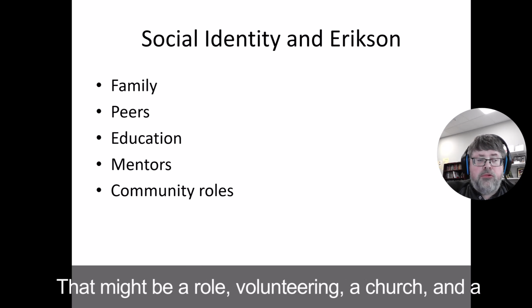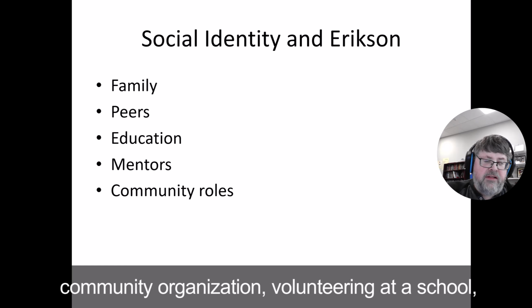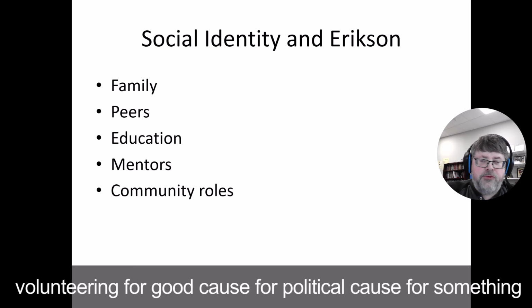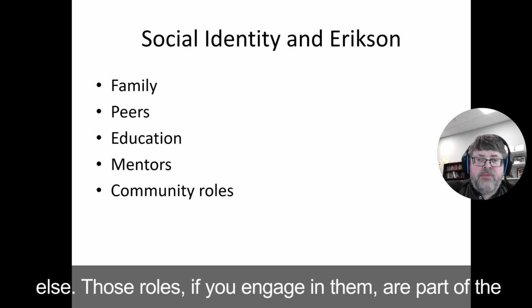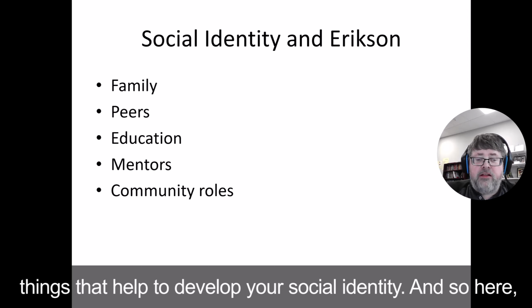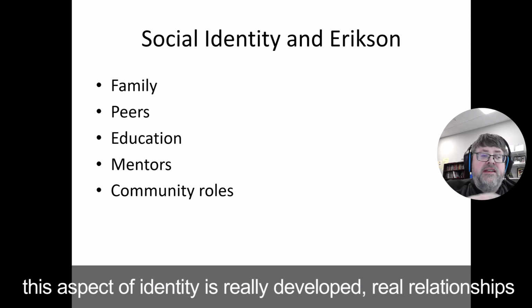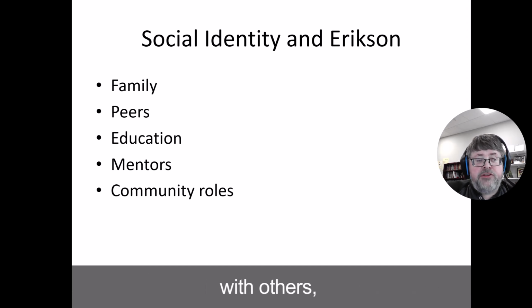That might be a role volunteering in church, in a community organization, volunteering at a school, or for a good cause, for a political cause, for something else. Those roles, if you engage in them, help to develop your social identity. So this aspect of identity is really developed through relationships and interactions with others.